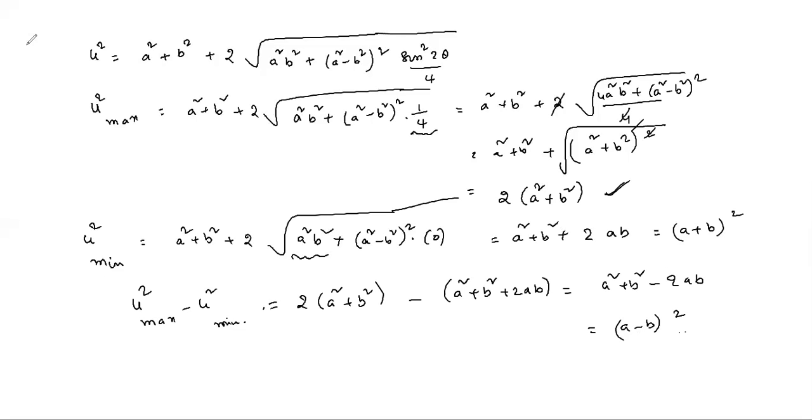Eleventh one is a trigonometric equation only. 2 sin square x plus 5 sin x minus 3 equals 0. Between 0 to 3 pi, number of solutions.